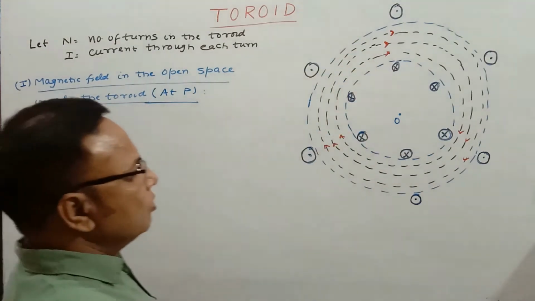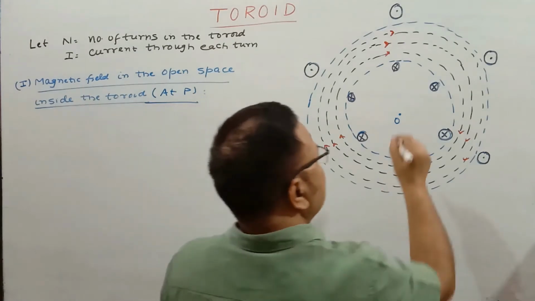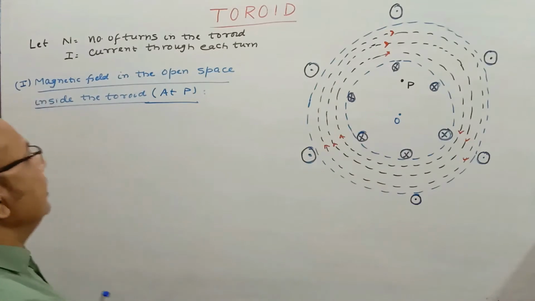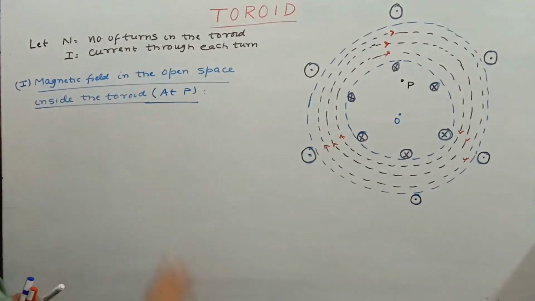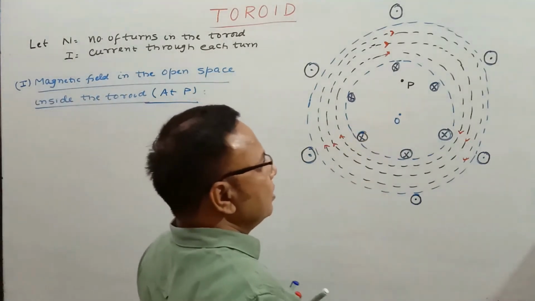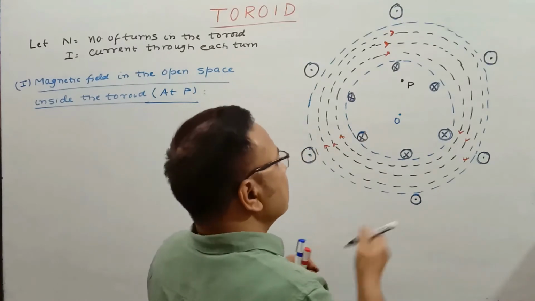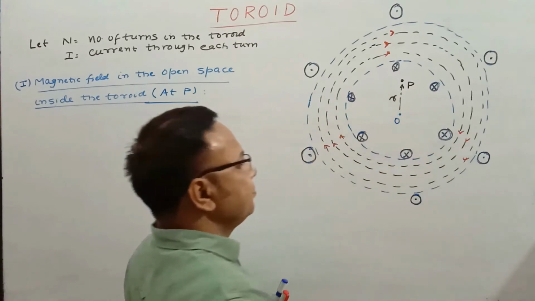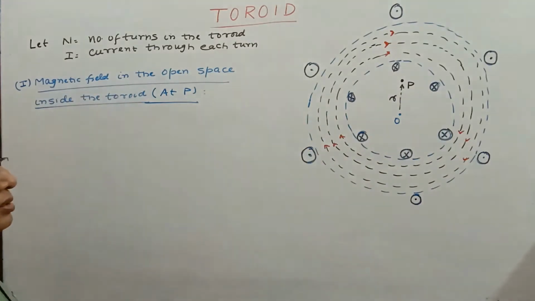We would like to find out the magnetic field, say at any point here inside, say this is point P. It is in the open space inside the toroid. Say at any distance from the center of the toroid, this is small r.